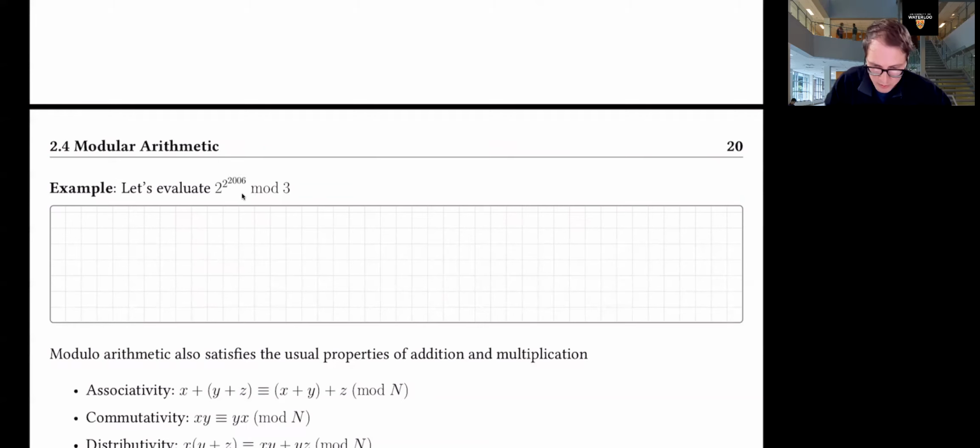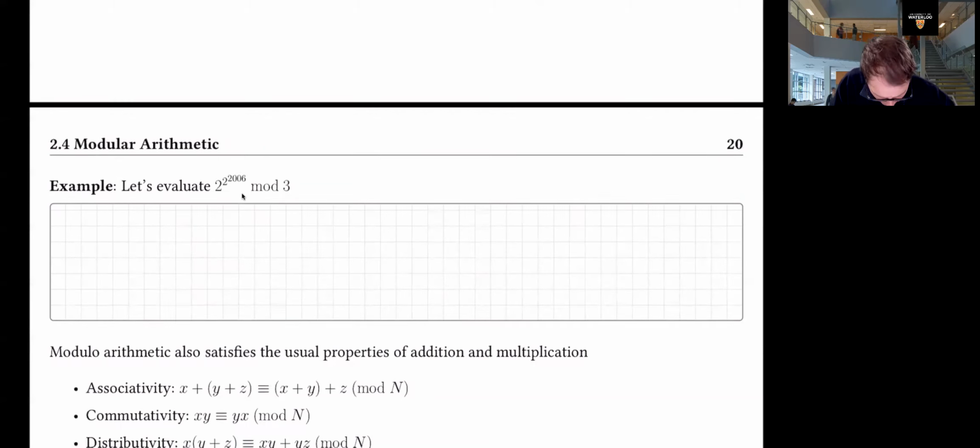And so what I can do is go, well, 2 to the power of 2 to the power of 2006 is equal to 2 to the power of 2 times 2 to the power of 2005, right? I just brought 1 2 out of this 2 to the power of 2006.